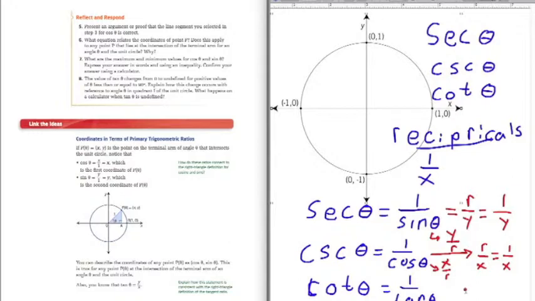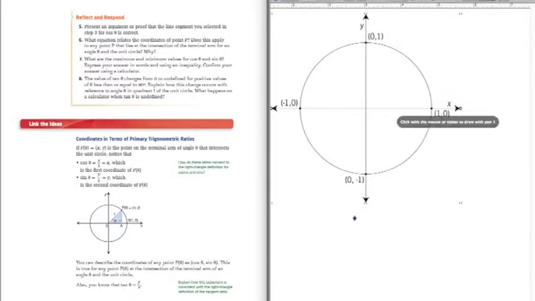And I'll clean these up in a moment for you. Now, the last thing here, tan theta, remember that tan theta we said was y over x. So cotangent, or 1 over tan, would just flip this. So let's clean this up so it's a little bit easier to read.